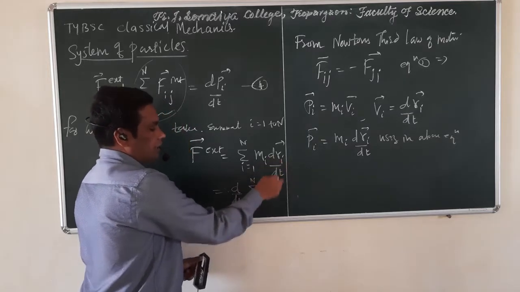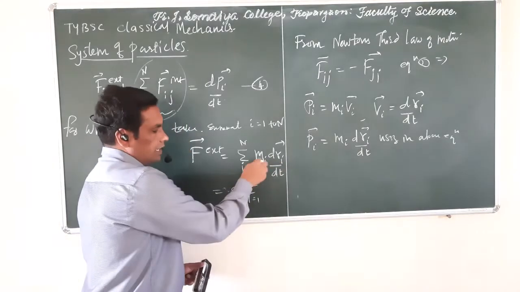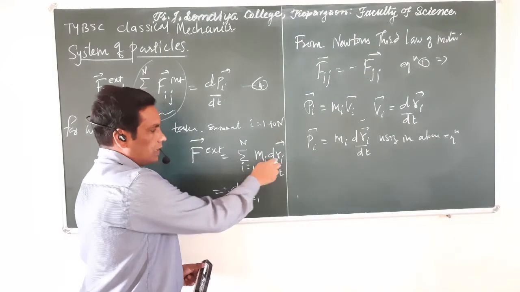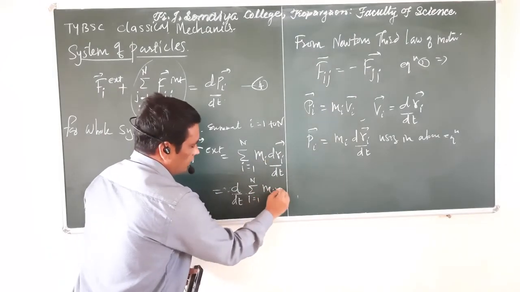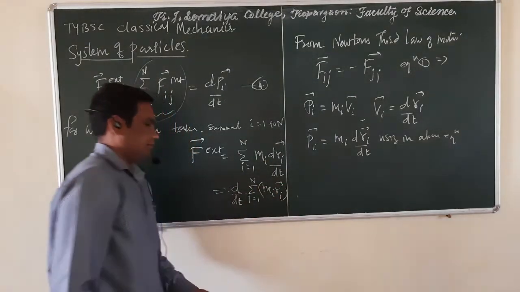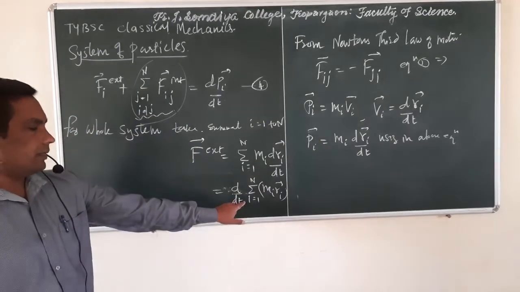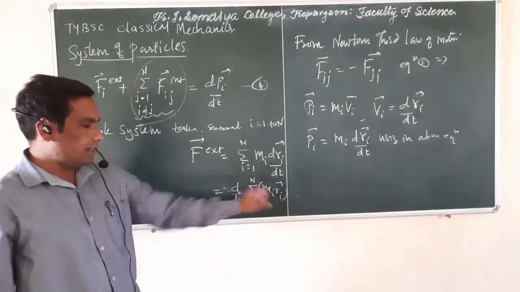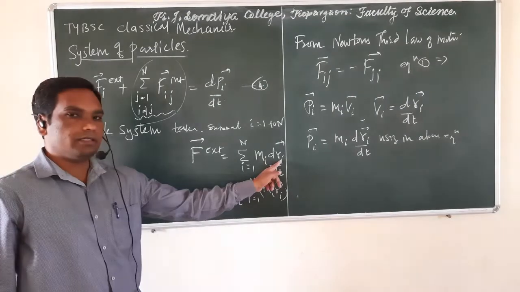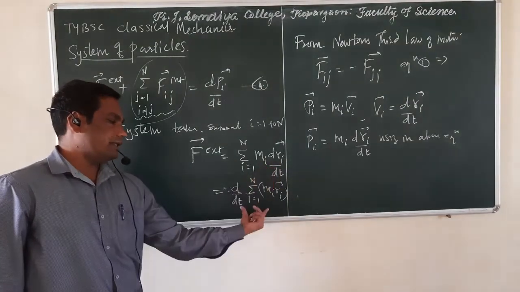We have taken that derivative to the left hand side. mi is a constant term, so mi into ri. If you take the derivative, mi is constant and this will become this. So you can write this term as this.